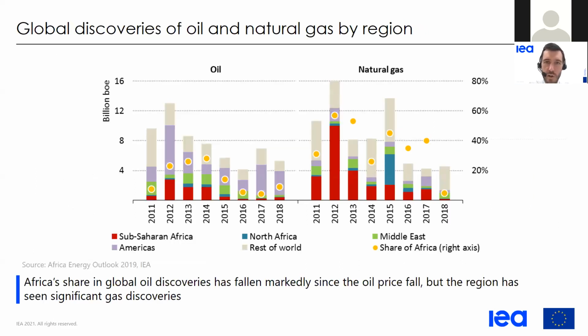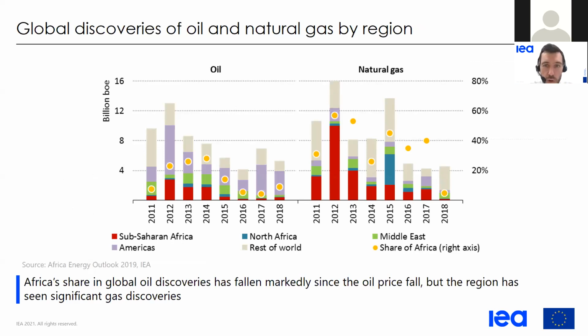Looking at discoveries of resources, it's interesting to see the share of Africa in global discoveries. You can see on the left where Africa sits in the discoveries of oil, and on the right where Africa is for natural gas. Sub-Saharan Africa is the red bar, and North Africa is in blue.